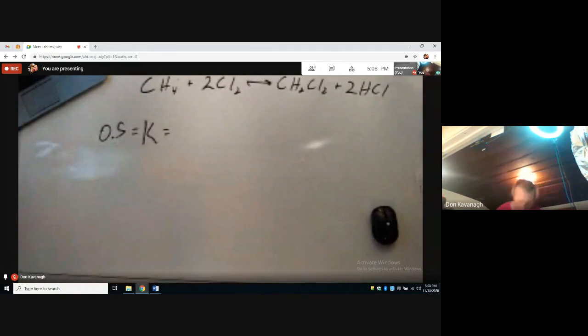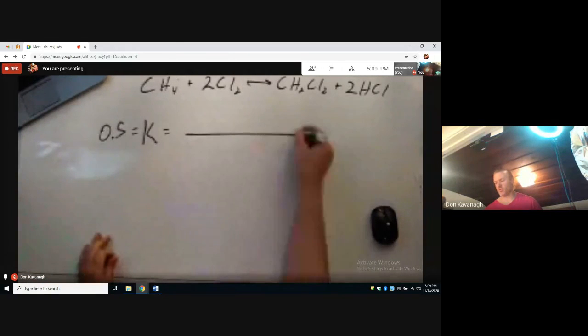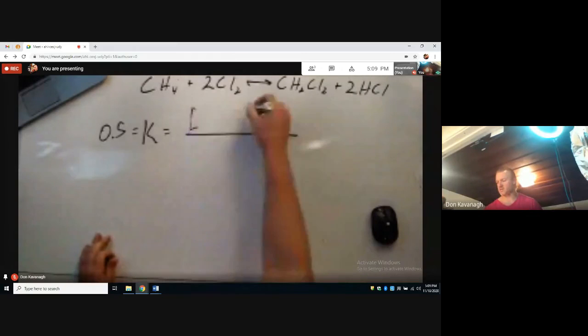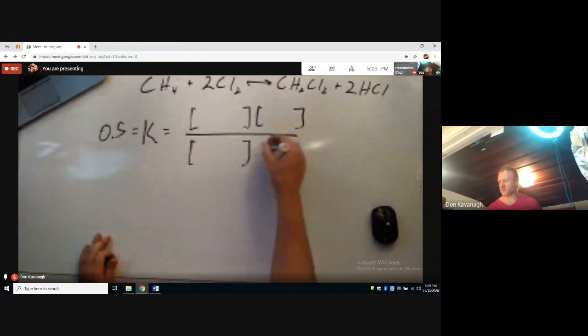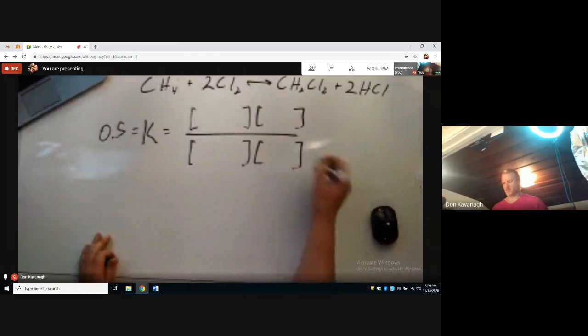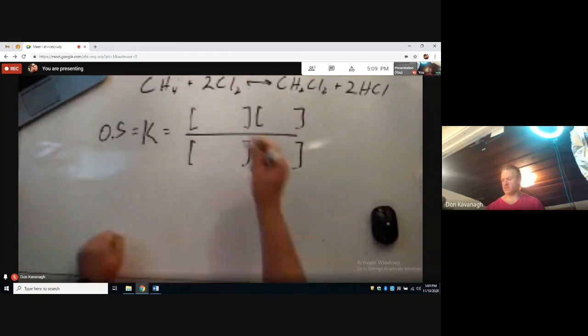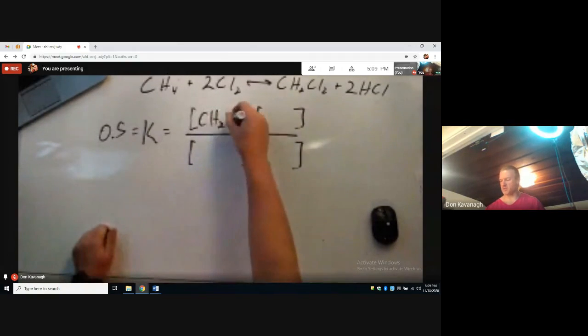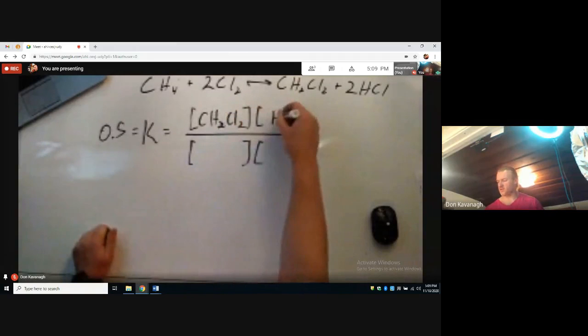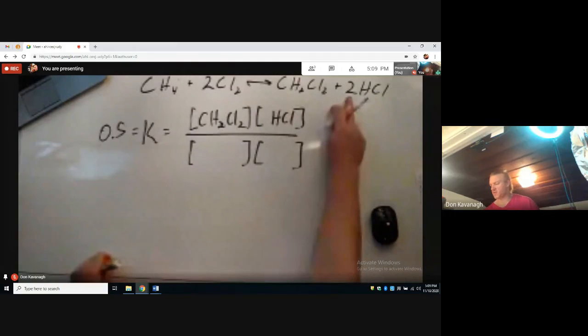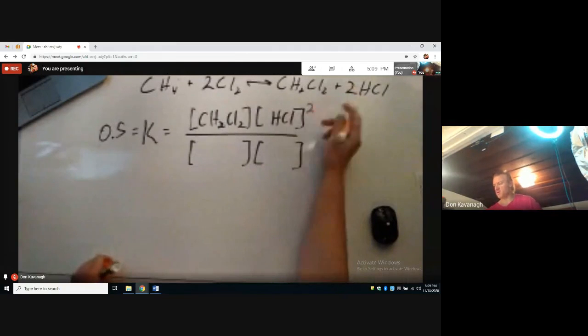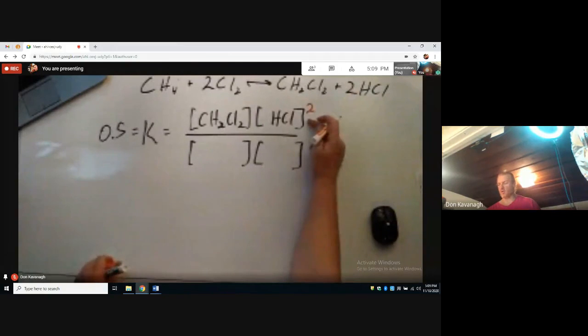The capital K expression is going to have products over reactants with the molarity, the square brackets, being of interest: CH2Cl2, HCl. From the balanced chemical reaction, we have to square the molarity of HCl.